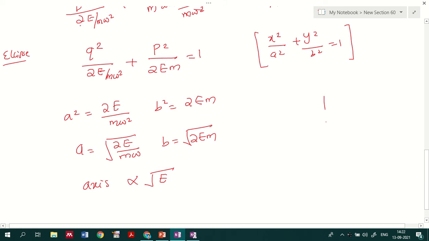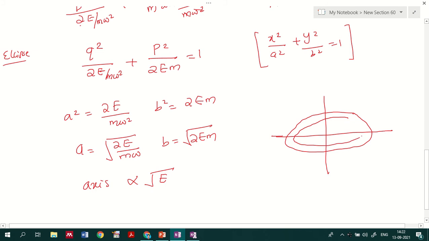Now if I trace this one, I will have an elliptical shell here. Okay, so assume that this is an ellipse. And here this is a phase space diagram.